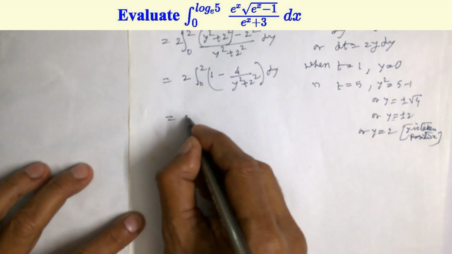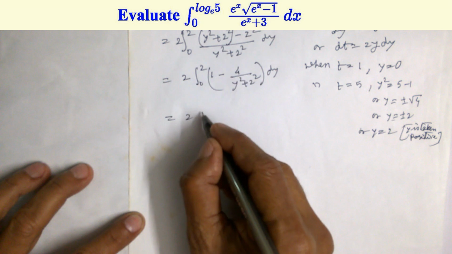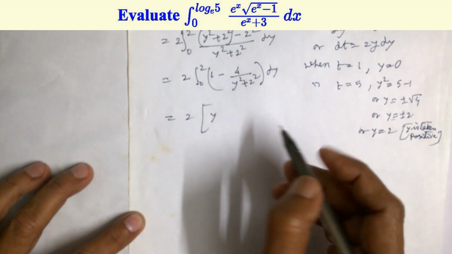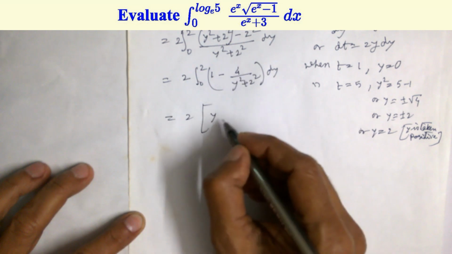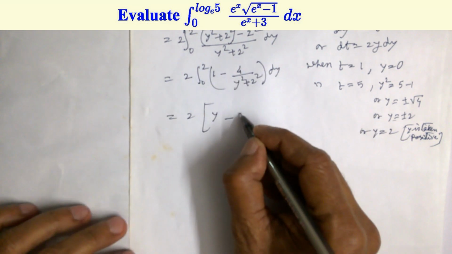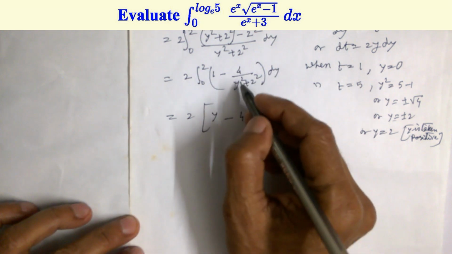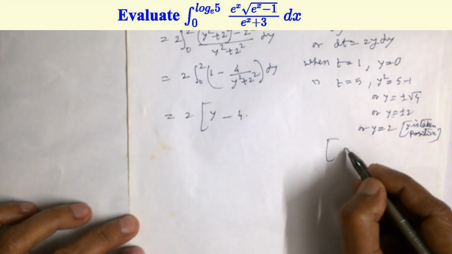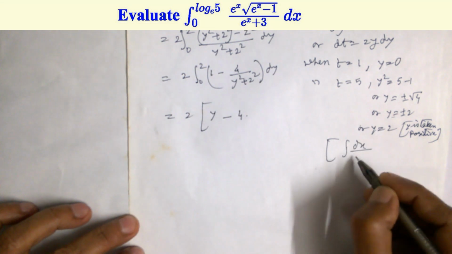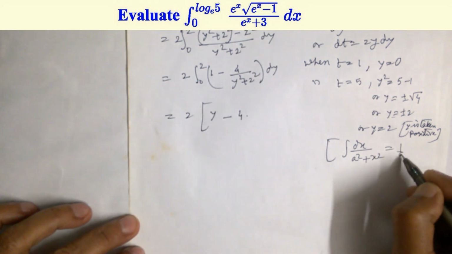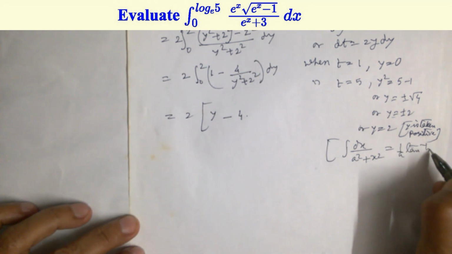Now integrating this, an integrable function: 2 times the integration of 1 dy gives y, and this is minus 4 times the integration of 1 by y square plus a square, dx, by the formula 1 by a tan inverse x by a.